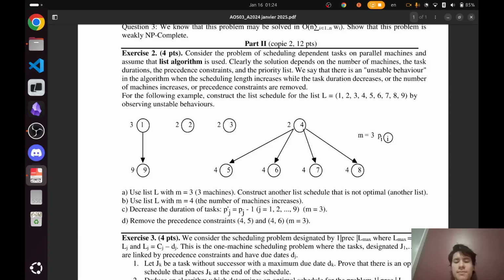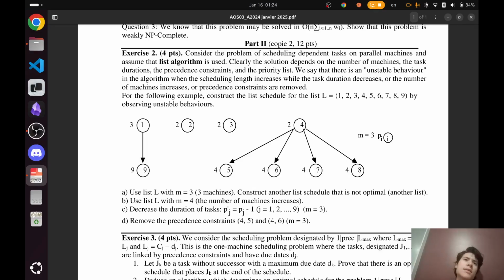which also gives a scheduling problem, but now we have many machines and a priority list, and we want to give the order in which every task is going to be executed on each machine.